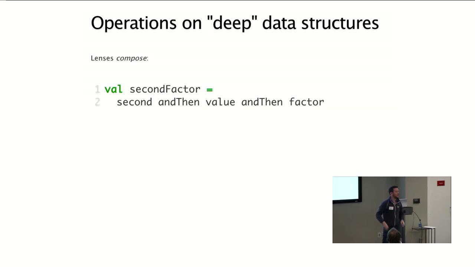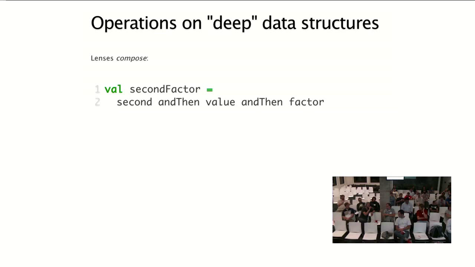Okay. So in terms of the implementation of value, you get the sense that the copy has already happened because the copy is in the implementation of value. So when value combines with factor with and then, what is happening in relation to that copy inside of value? Right.